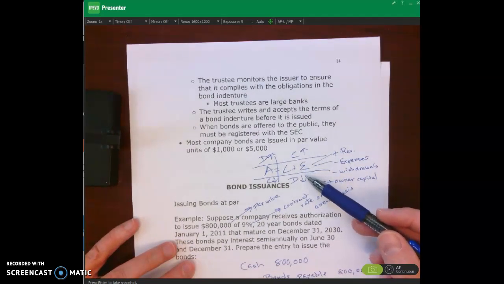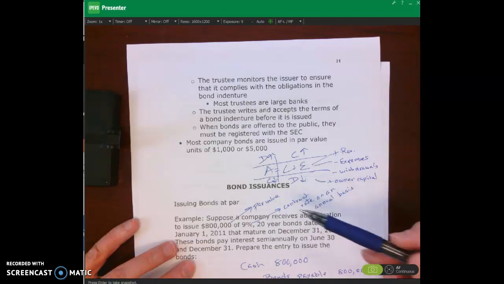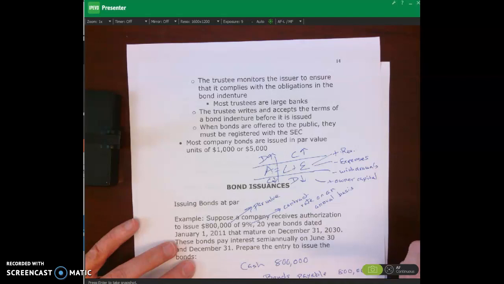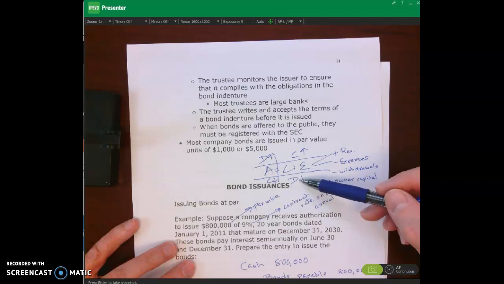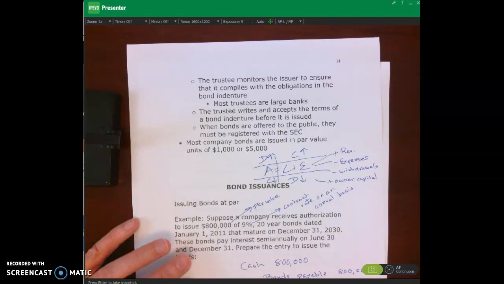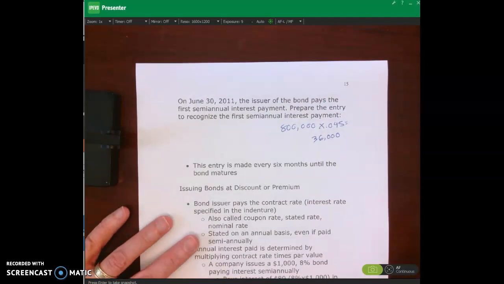Remember that from Accounting 101. So as expenses go up, I debit the expense. Why do I do that? Expenses decrease equity. How do I decrease equity? With a debit. So I will debit bond interest expense.